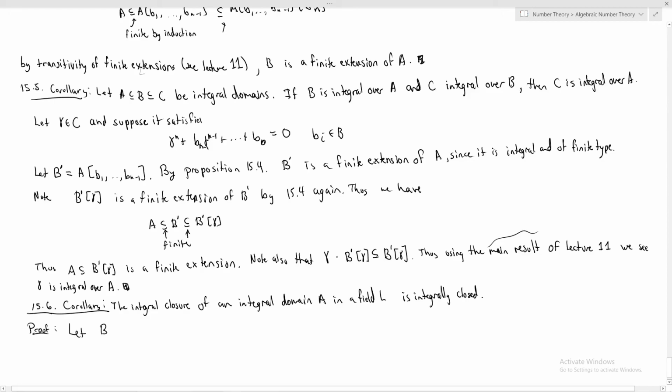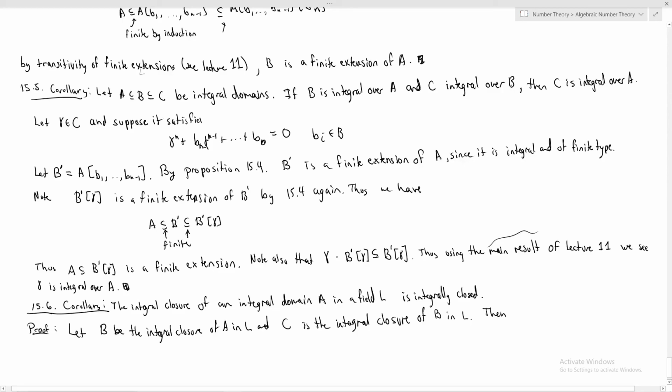Let B be the integral closure of A in L, and let's say C is the integral closure of B in L. What can I say?